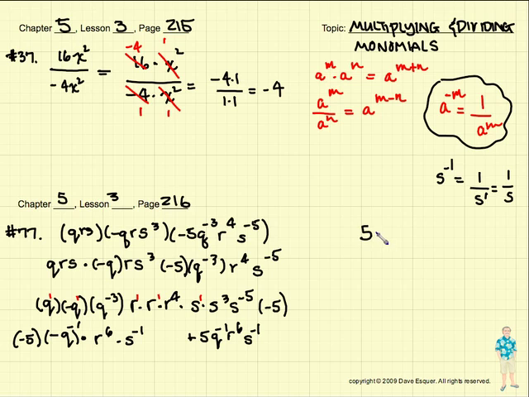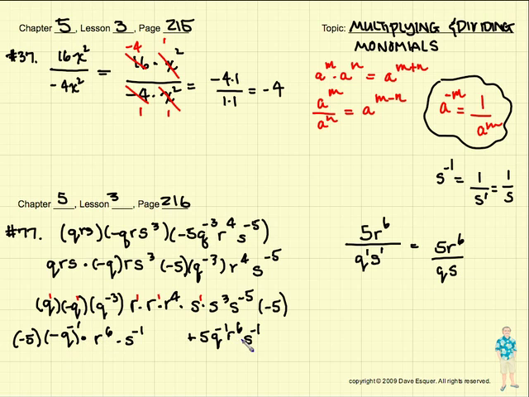So I'm going to use that property over here. I'm going to end up with a 5r to the 6th power in the numerator. That q goes down to the bottom because it's q to the -1, and that s goes down to the bottom as well. So my final answer is 5r to the 6th divided by q times s.